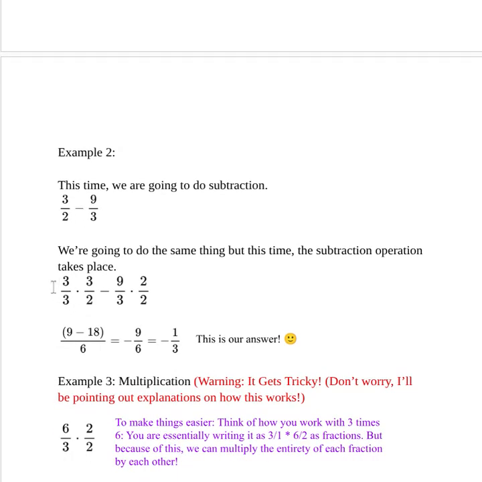So therefore we get 3 over 3 times 3 over 2 minus 9 over 3 times 2 over 2, which gives us 9 minus 18 over 6, and this gives us 9 over 6. We have a typo over there, but just ignore that. The only thing you should mind is this fraction right over here. This was the wrong answer, and this was the right answer.